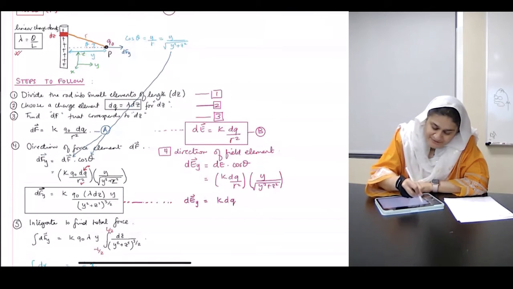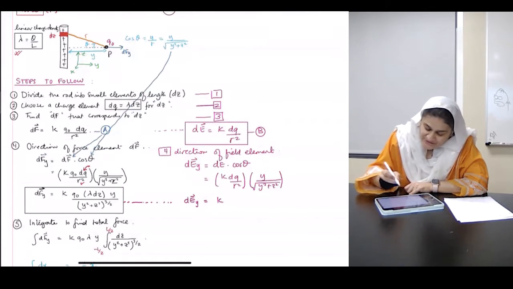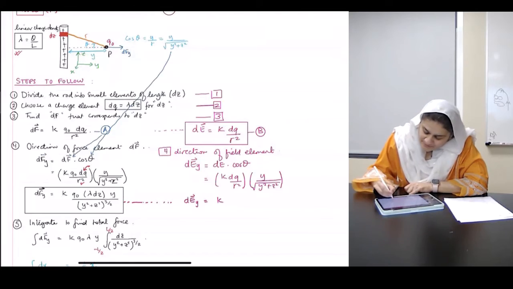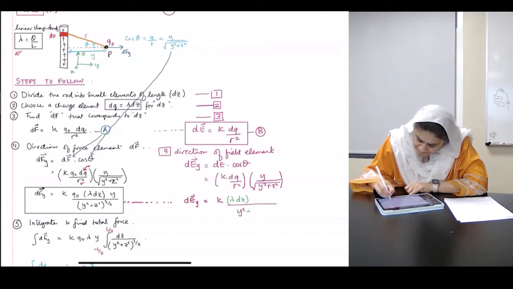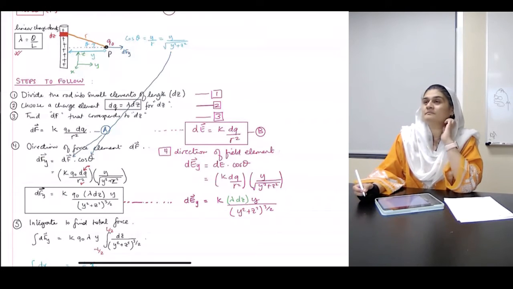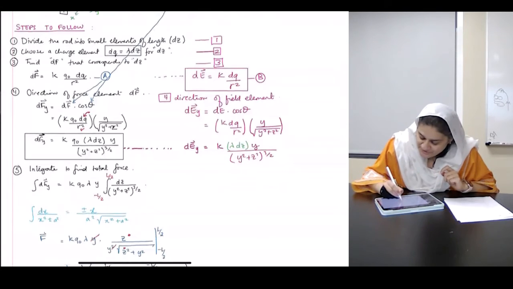Oh, can I just again replace dQ with lambda dz? Oh, I should put this in a box.